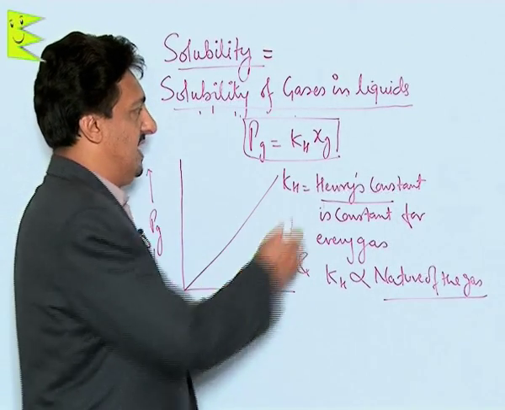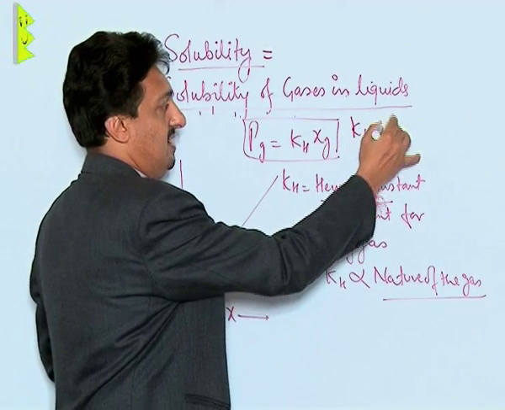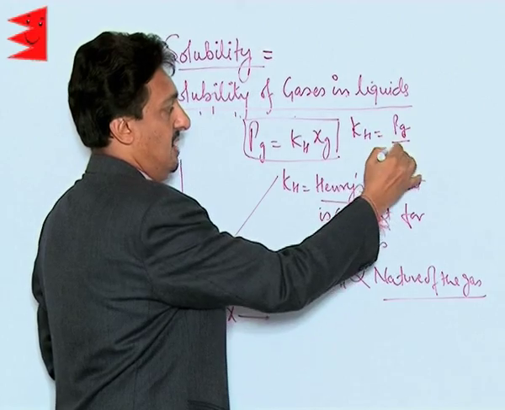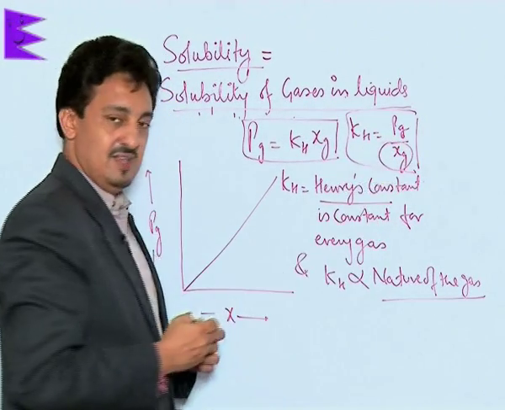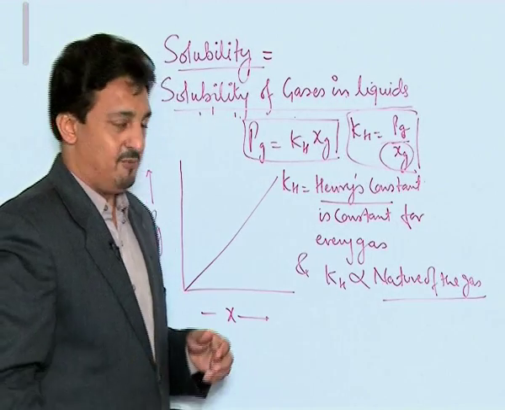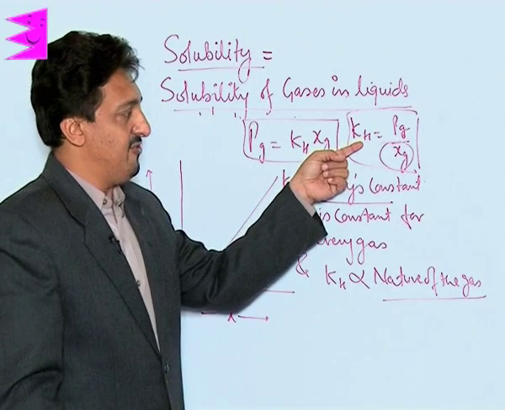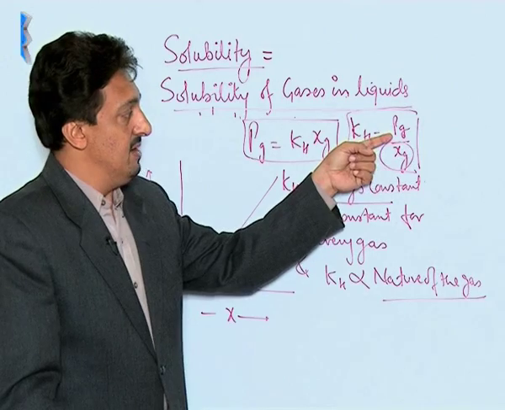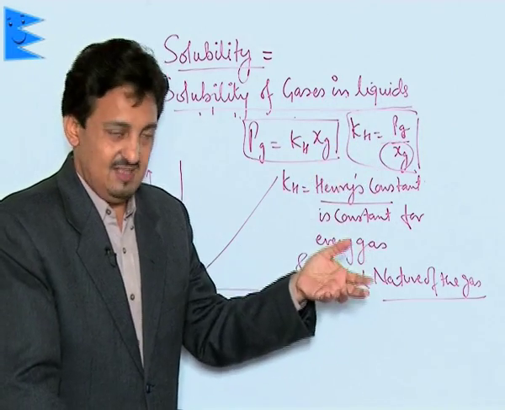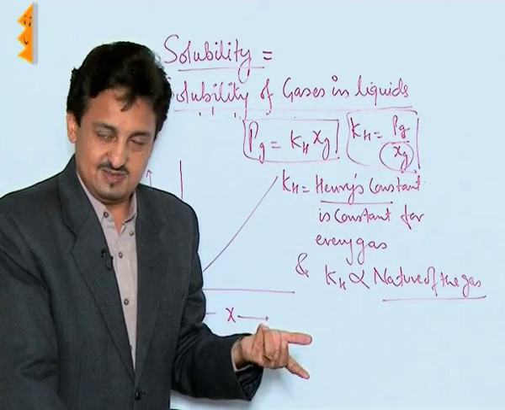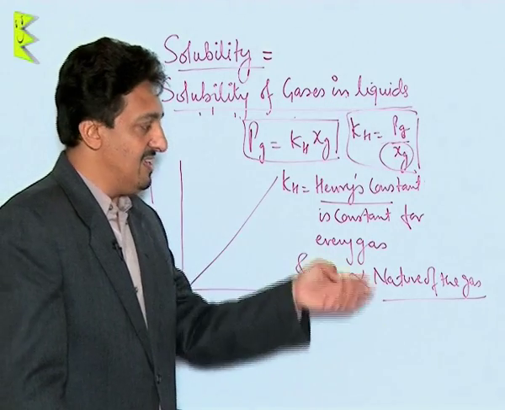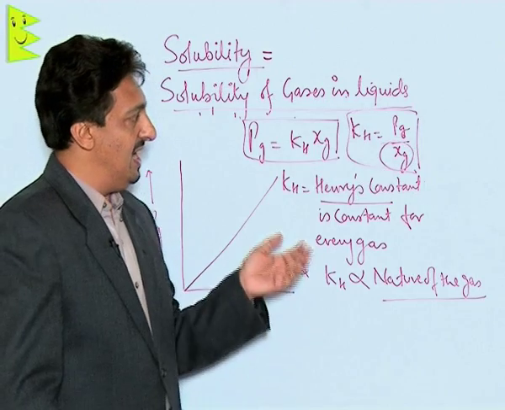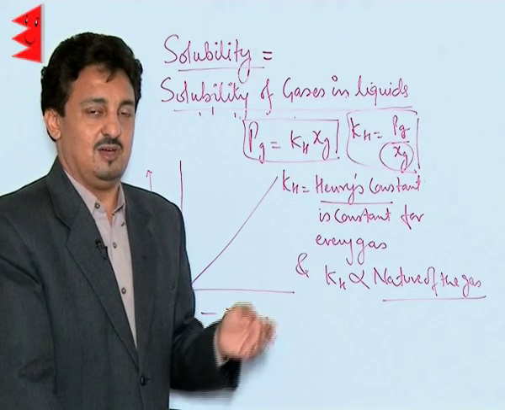Because if you find the value of KH from here, it is the pressure of the gas upon the mole fraction, which is how we express the solubility. Another important thing: the unit of KH is always the unit of the pressure in which the gas is taken, because mole fraction doesn't have any unit. So KH depends on the nature of the gas. Higher is the KH, lesser is the solubility, and its unit is actually the unit of the pressure of the gas taken.